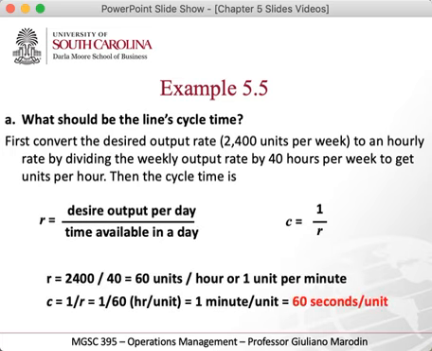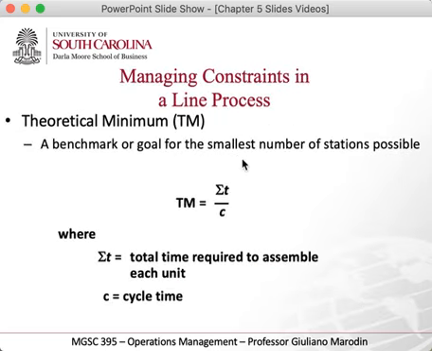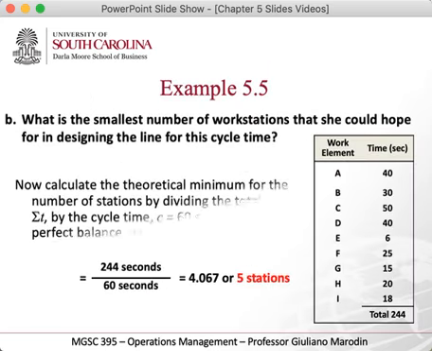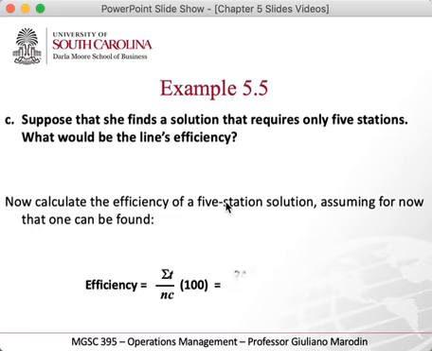So 244 divided by 5 times 60. That's the math we're going to do, and we get an efficiency of 81%, right? So if you have 5 people doing this work, their average efficiency will be 81%, which means that the capacity cushion will be 18.7%.